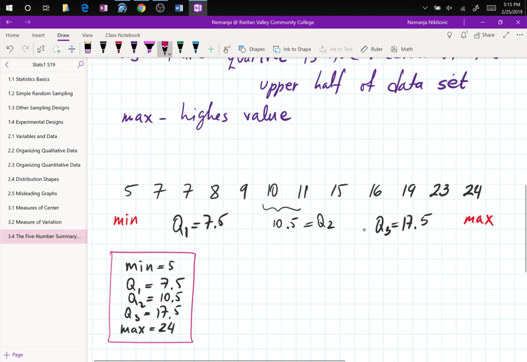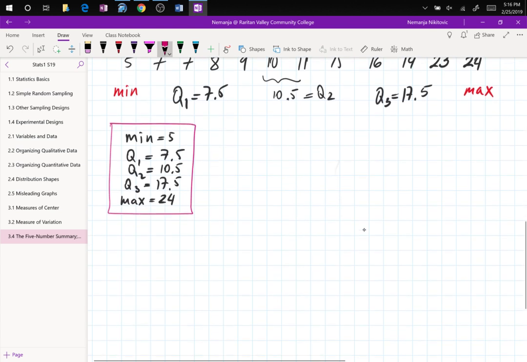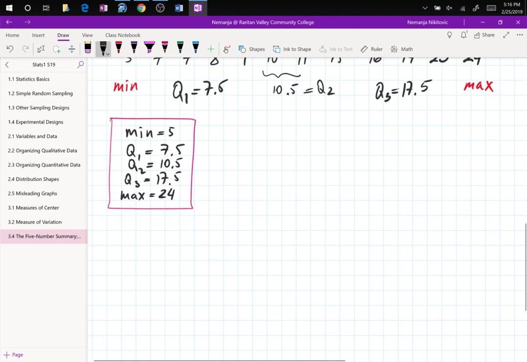But if you have a single value in the middle, then that single value is your number, and you don't have to average anything. So it's nicer. Let's say that 11 wasn't there, then the first one would be the numbers from 5 to 10, and then the second one would be 10 to 20. Yes, okay. Let's make sure that everyone gets that.